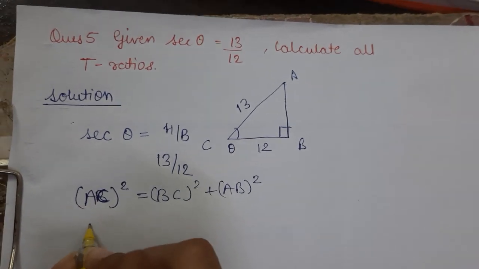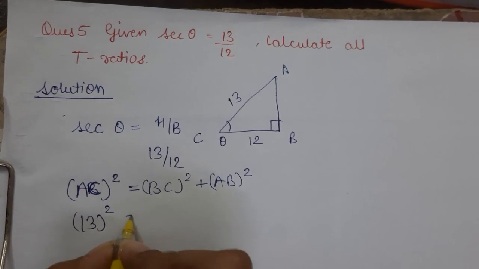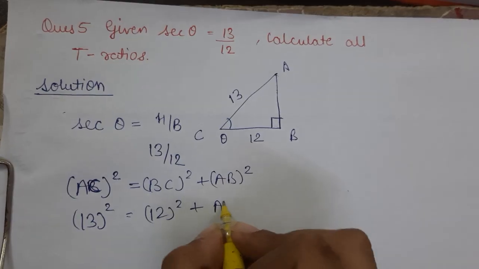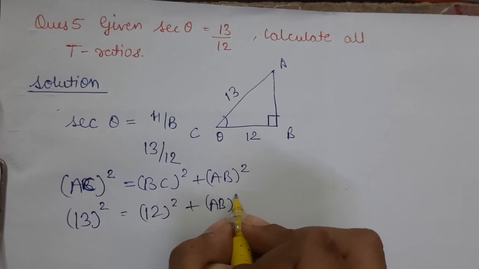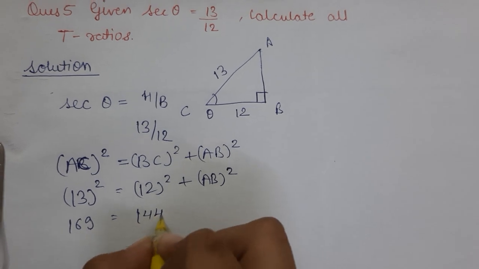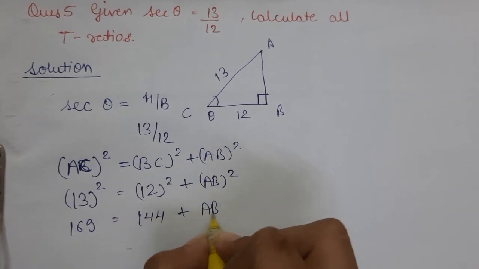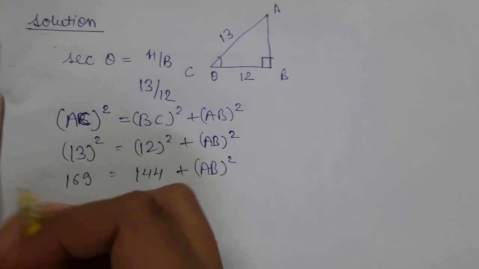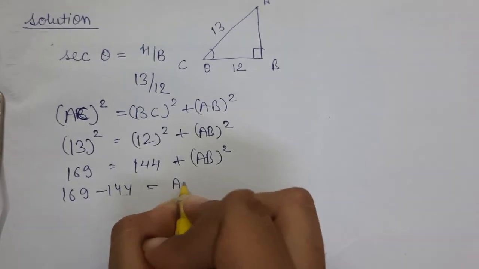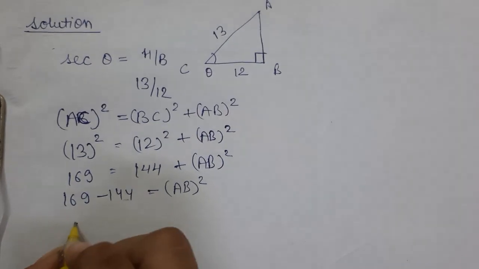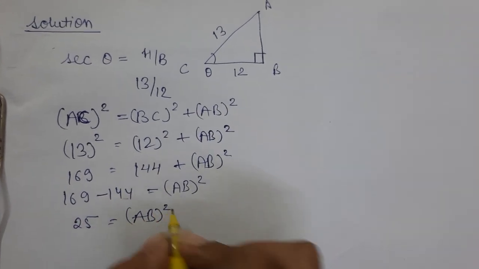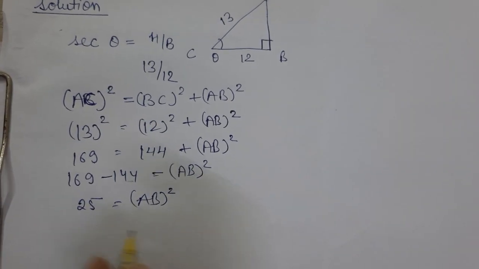So AC is given as 13, BC as 12, and AB we need to calculate. 169 equals 144 plus AB whole square. 169 minus 144 equals AB whole square, which is equal to 25.